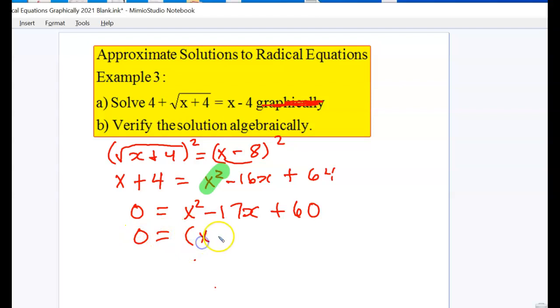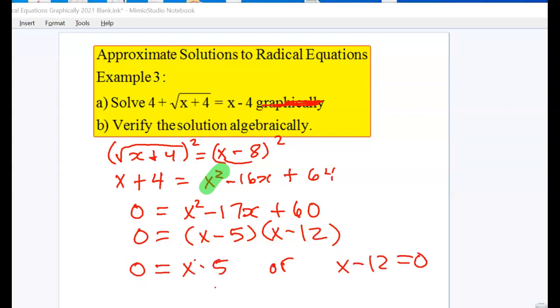We can factor this into (x minus 5)(x minus 12). And therefore, either x minus 5 equals 0 or x minus 12 equals 0. So either x is 5 or x is 12 would be my two solutions.